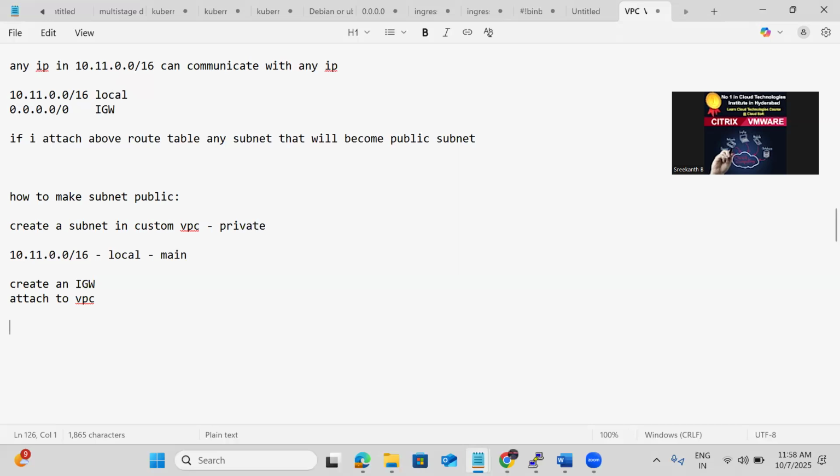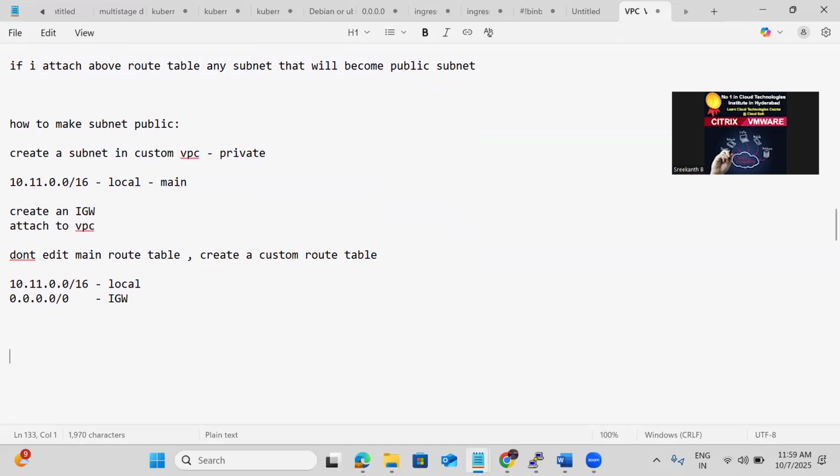What I need to do is, don't edit the main route table. So create a custom route table. In the custom route table, say 10.11, this rule is mandatory. Then add one more rule, 0.0.0.0/0 with the internet gateway.